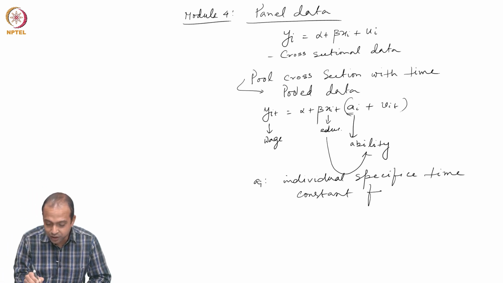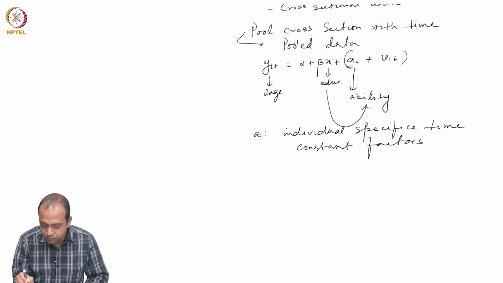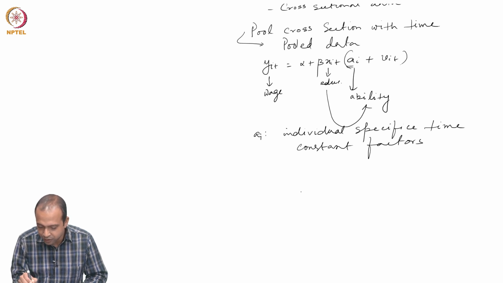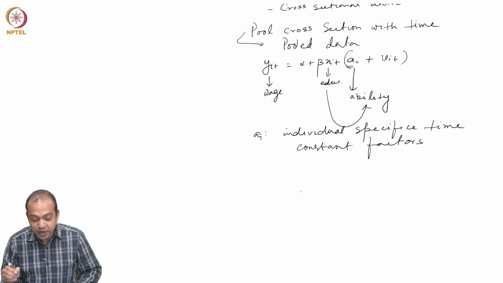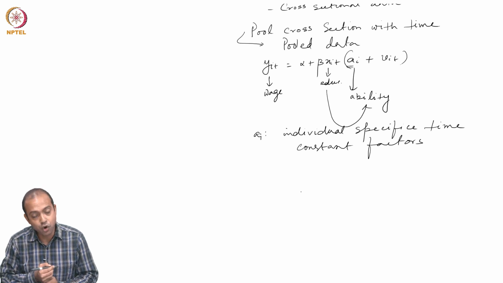Two types of panel data model we are going to discuss here: fixed effect and secondly random effect. Depending on whether my individual specific unobserved effect is actually correlated with my explanatory variable or not.